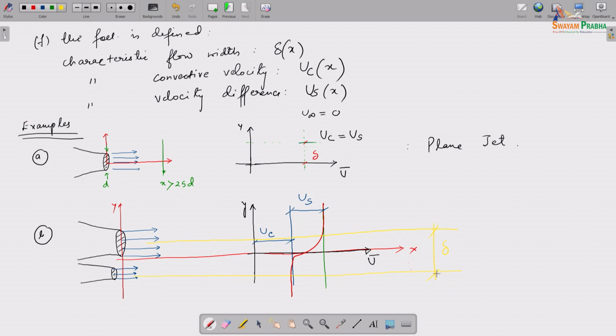So we are calling this delta because for our first case, the plane jet, it becomes the jet half width. But if you have a case like this one where you have two, it's actually a plane mixing layer, right? So you get a picture like that.